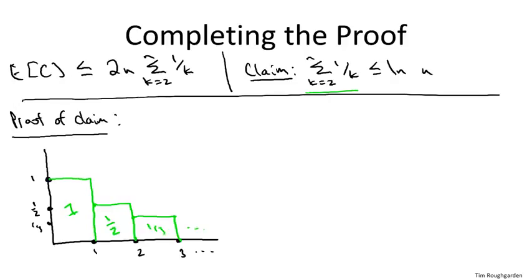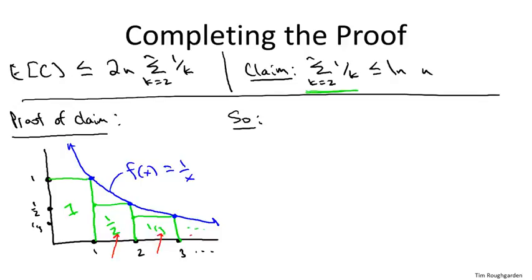And now I'm going to overlay on this picture the graph of the continuous function f of x equals 1 over x. So notice that it is going to go through these points. It's going to kiss all of these rectangles on their upper right corners. Now what is it we're trying to prove? The claim is that this sum of 1/2 plus 1/3 and so on is upper bounded by something.